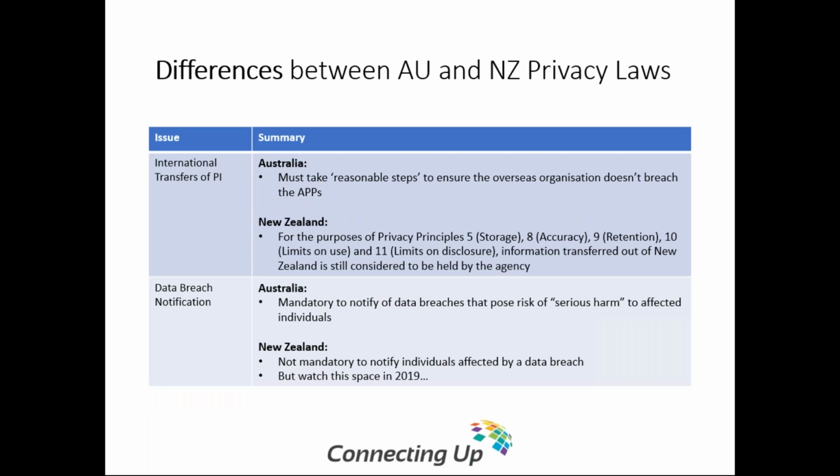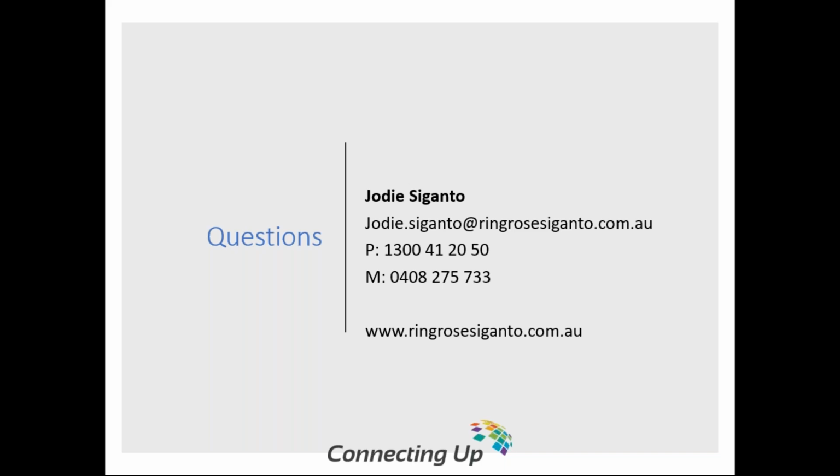There are some specific provisions around transferring outside of Australia, but we've probably got the same kind of provisions in New Zealand, and a slightly different regime for data breach notification in Australia, but we suspect that New Zealand might become similar in the not too distant future. So, as I said, not entirely dissimilar regimes, and they should fit together pretty well when you are putting together a privacy program. So that is it.